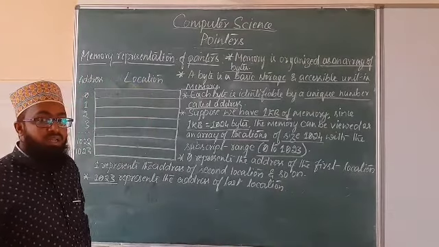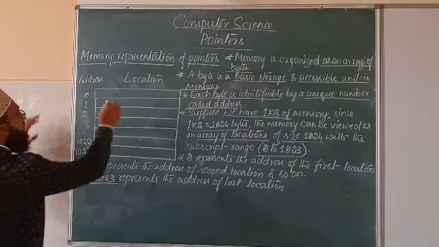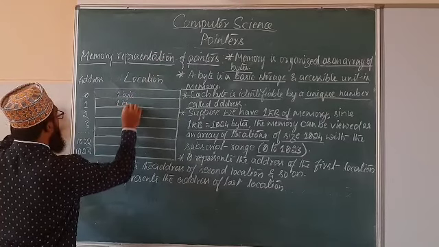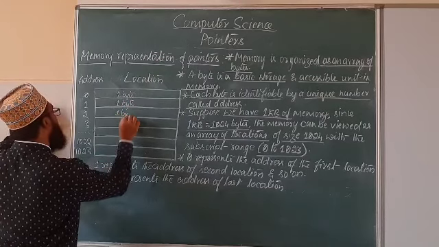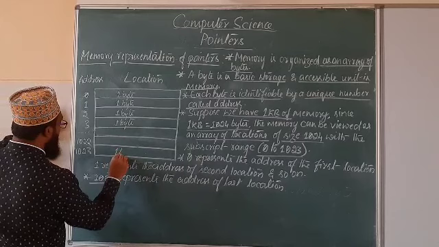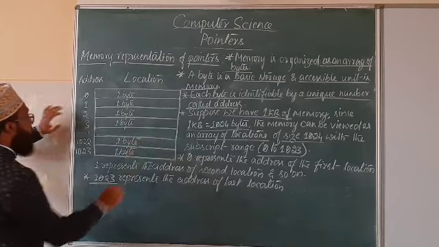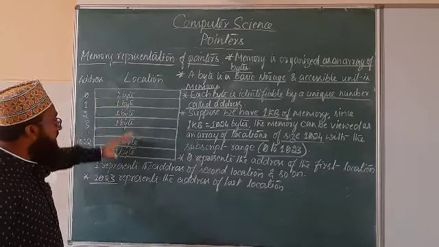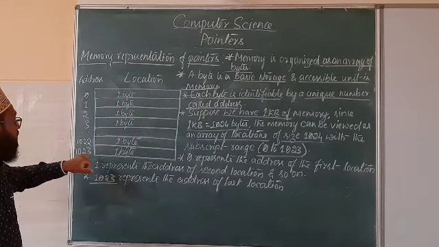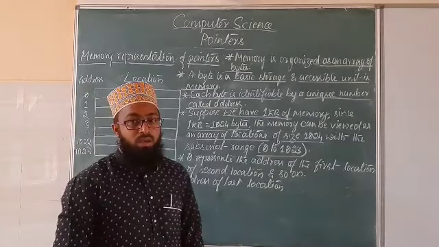Like this, we can represent memory with pointers. The 1024 bytes are divided into locations, each storing one byte, and finally the 1023rd address will locate the last byte of the memory.